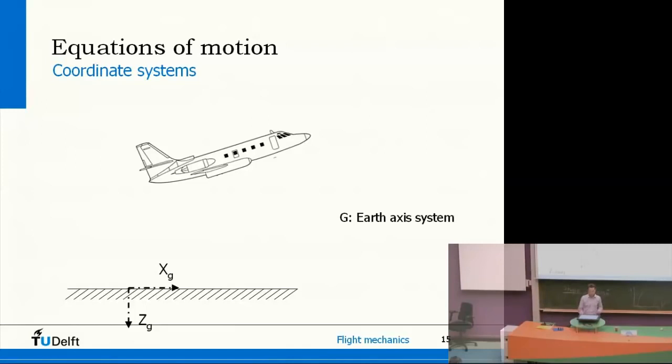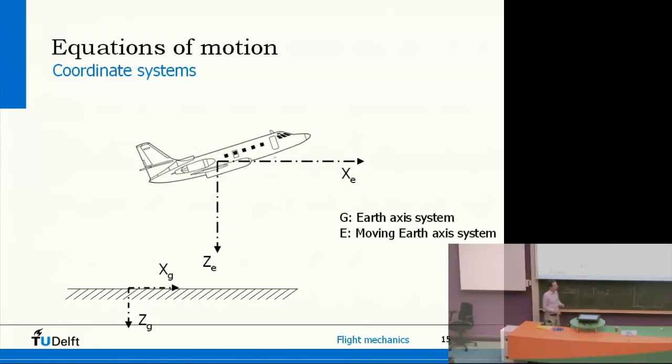Now, of course, the plane is moving around. So you could also say, I take this axis system, this Earth axis system, I take the same orientation as the one fixed to the Earth, but now I fix it to the plane. So this is what we call a moving Earth axis system. So it's the same axis system, same orientation, it's just traveling along with the plane.